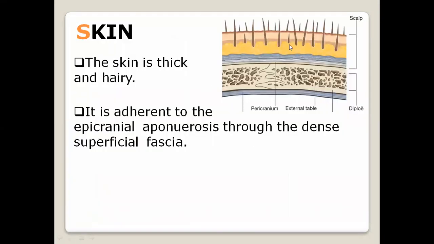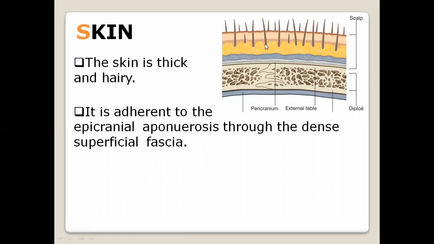First we'll see about the skin. So you know the skin of the scalp. If you compare it with the skin of other areas, the skin of the scalp is very thick and hairy. It is provided with numerous hairs and it is adherent to the third layer through the superficial fascia. Okay.